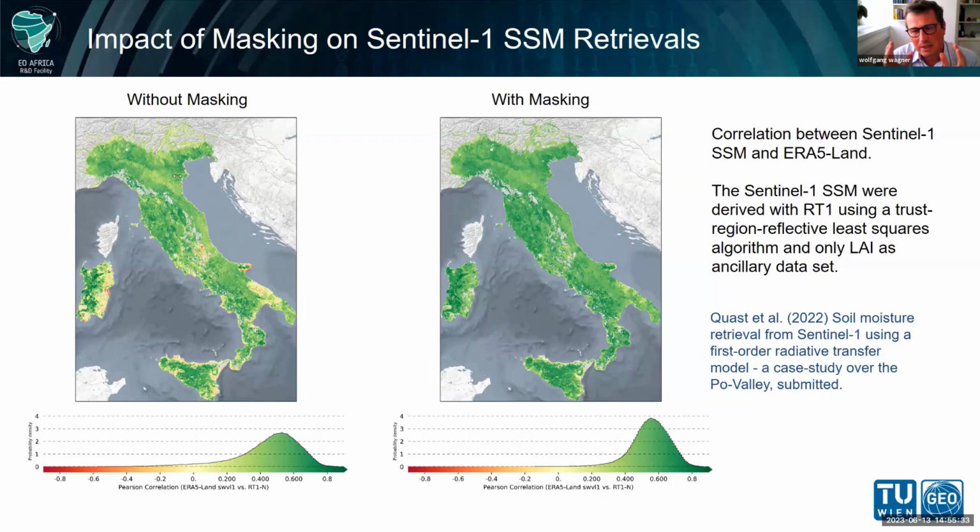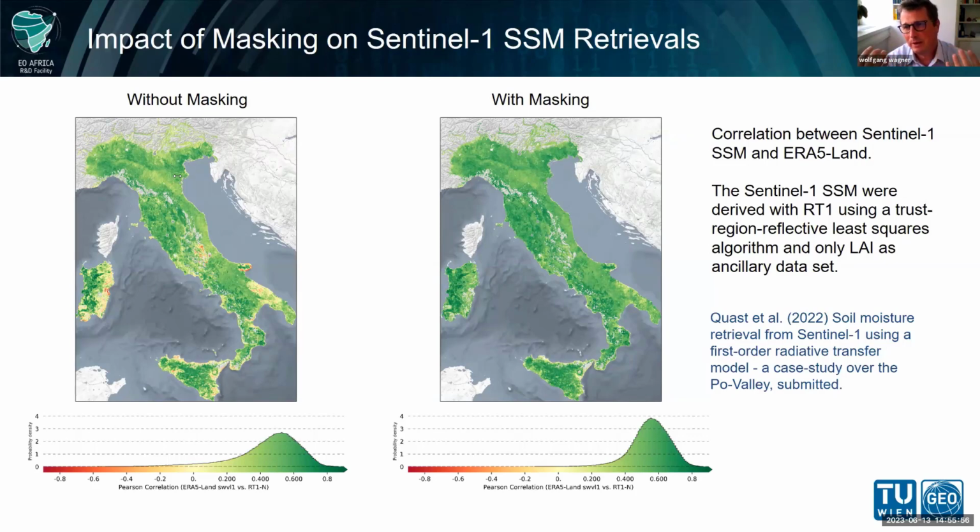Of course, there's the idea that you use different frequencies, say C-band, L-band, and sooner or later we're also going to have P-band data, and they all sense to different depths. So there's a certain possibility to use different frequencies to distinguish between different profiles, but you're not getting that far.